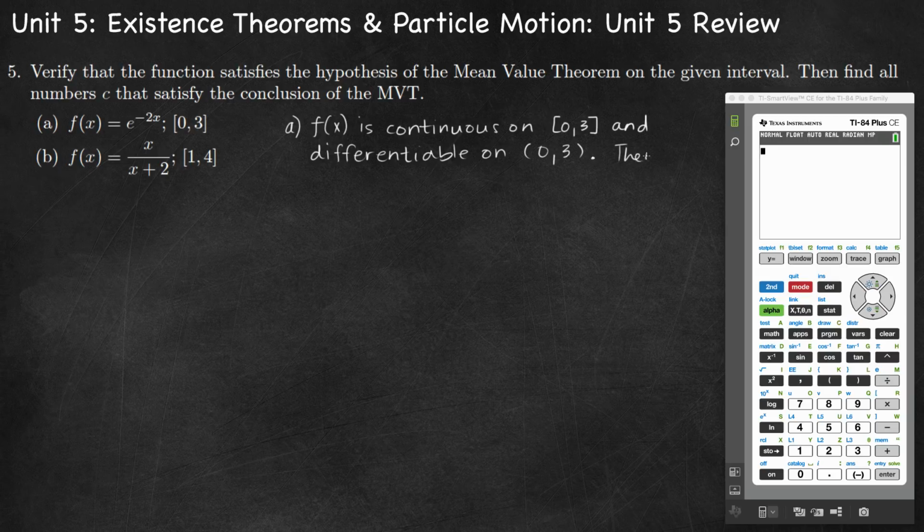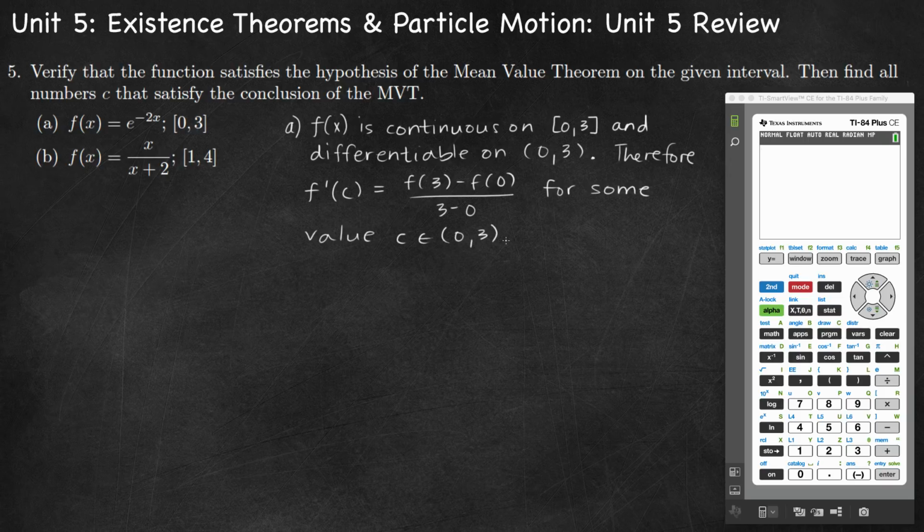So therefore, f prime of c, I'm just going to say c, that's how we're used to seeing it in our theorem. Therefore, f prime of c has to equal f of 3 minus f of 0 over 3 minus 0 for some value c on the interval between 0 and 3.